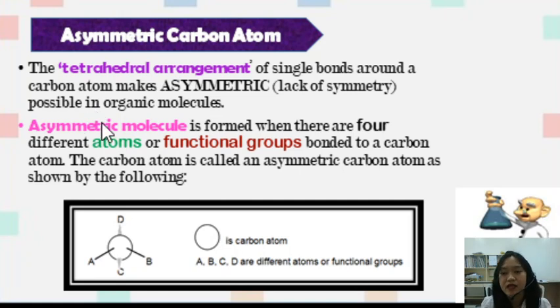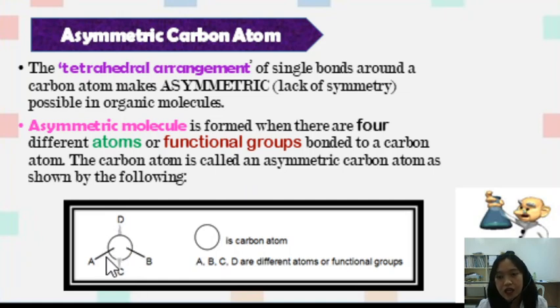So when you say asymmetric molecule, it is formed when there are 4 different atoms or functional groups bonded to a carbon atom. So the carbon atom is called an asymmetric carbon atom as shown by the following examples.